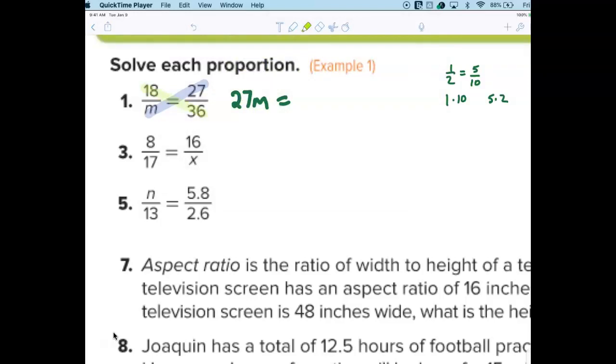Somebody tell me what 18 times 36 is. 648. Everybody agree with that? Everybody see what I'm saying?